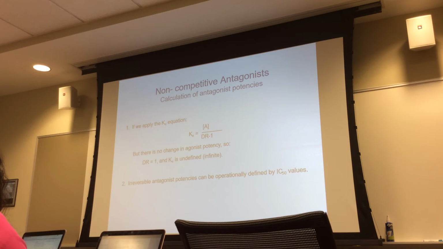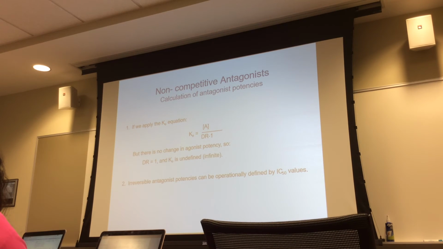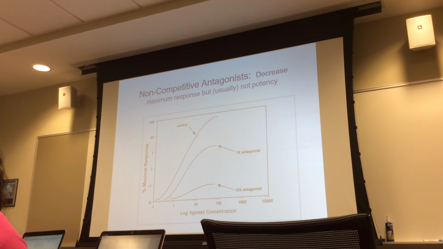Okay, if I'm doing the same equation, if I'm applying the A concentration and DR minus 1. So if I'm looking at this graph, I need to get the concentration that gives me 50%, which is this one. Will I ever reach that in the presence of the antagonist? No. It would take an extremely, infinitely high number to reach the 50% of the concentration of the drug alone.